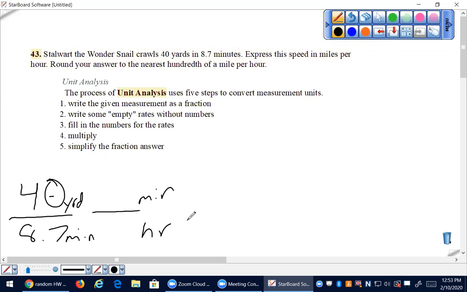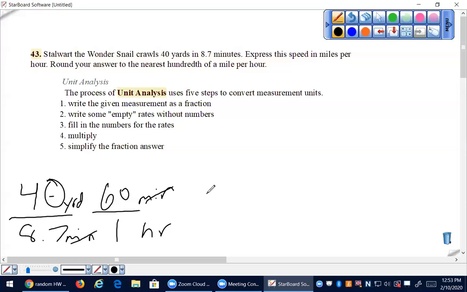And there's 60 minutes in an hour. So put 60 on the bottom. No, you don't put one on the bottom. 60 minutes, 1 hour. Oh, okay. That's how it goes together. There we go. You can even cross out your minutes.